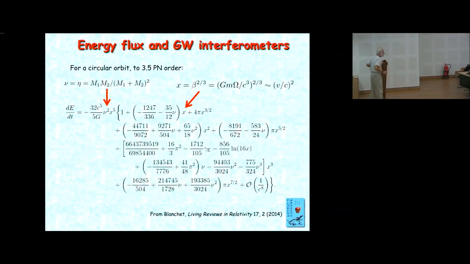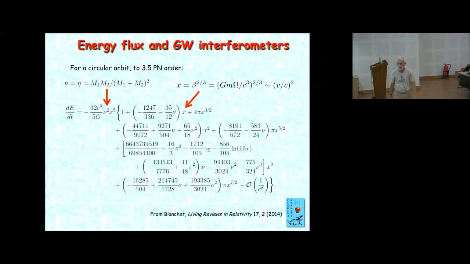But also if you have spins that aren't aligned, this dragging of inertial frames kicks in, and it causes the orbital plane to vary. This guy with a misaligned spin is trying to drag space-time around with it, so the orbital plane varies. Well, you're in a fixed direction, so you're going to see a different amplitude of gravitational waves because the orientation of the orbit is changing relative to you.